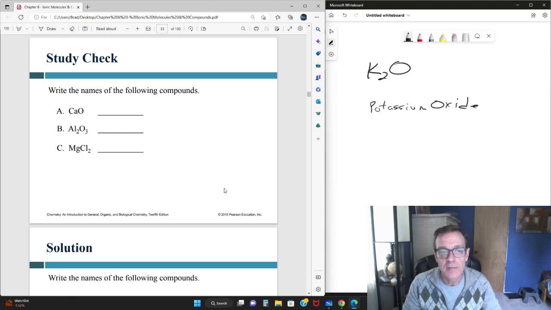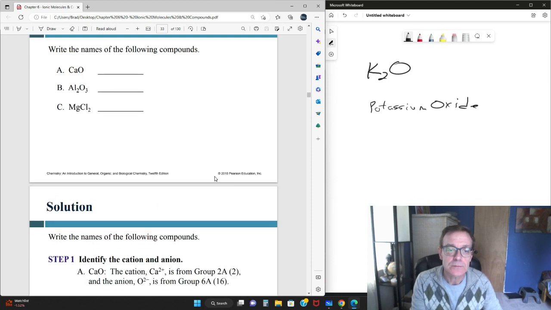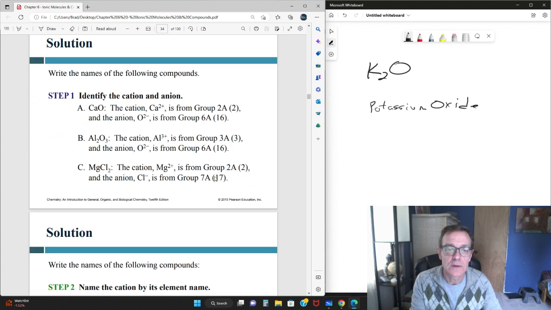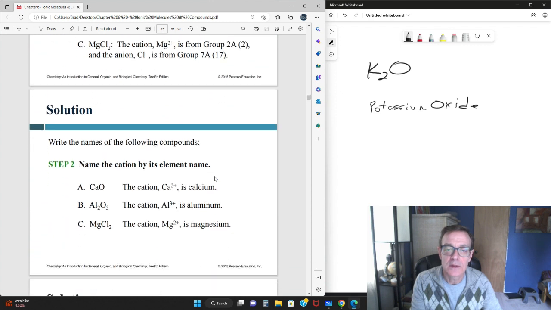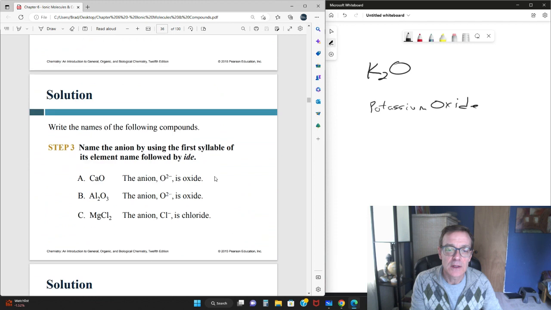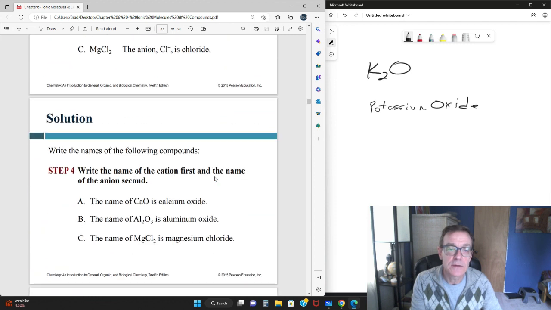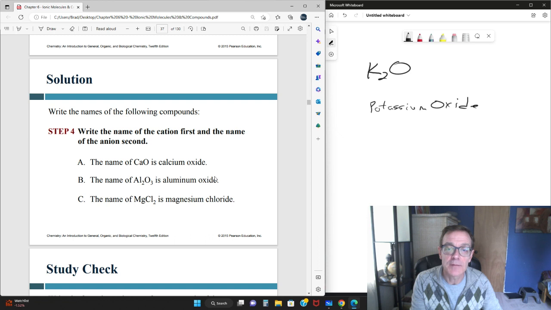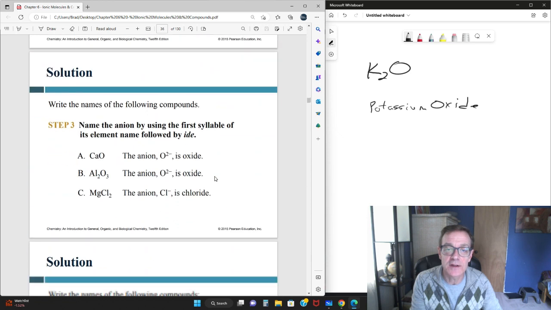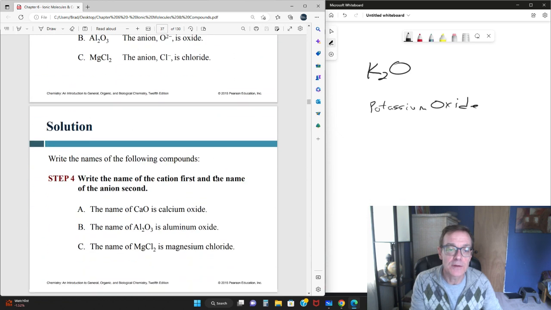Magnesium chloride. Okay. And there we go. Magnesium chloride. And there is a several slide explanation of how you name ionic compounds.